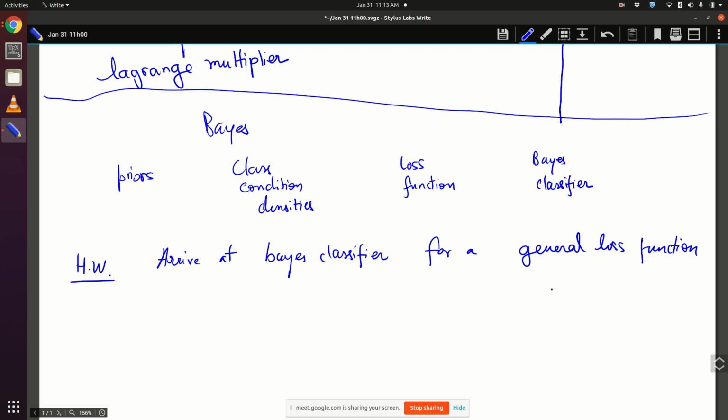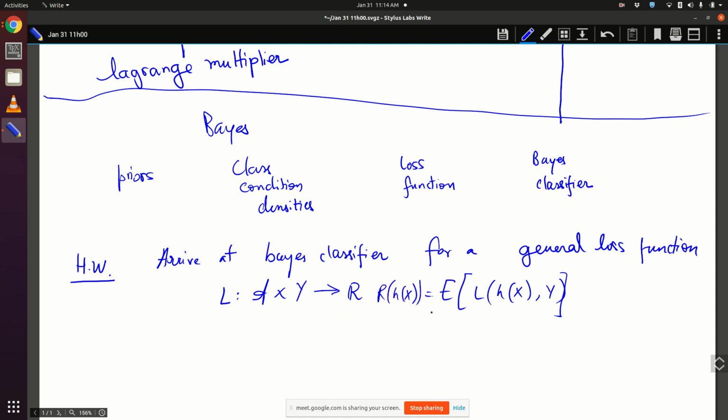For a general loss function, what is a general loss function? A general loss function is a function L from your actions cross the actual label y to R. So you have to look at the risk of a classifier, right? So this is the risk, r of h of x.